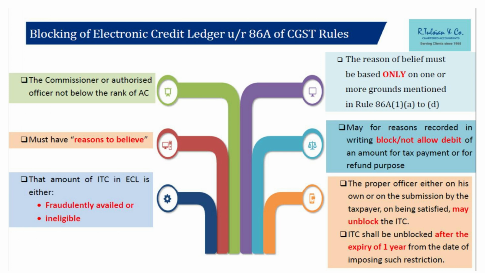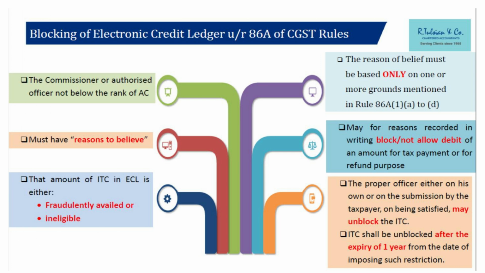Amount of ITC, if the officer has reasons to believe that in the credit ledger, there is certain amount which the assessee has got out of fake invoices, goods he has never received, or fraudulently availed or ineligible, and he has reasons to believe that based only on one of the grounds which we are going to see, may for reasons recorded in writing block the particular credit ledger, that all the payments will be made out of cash for maximum of 1 year.